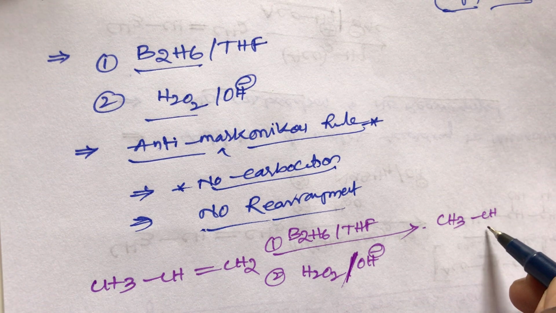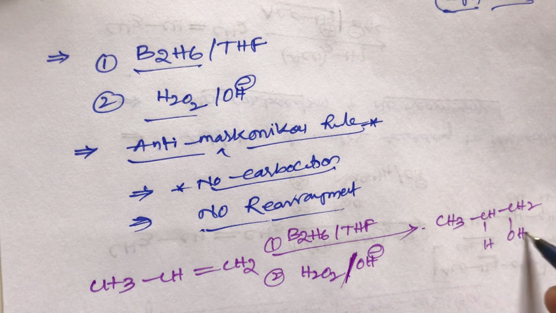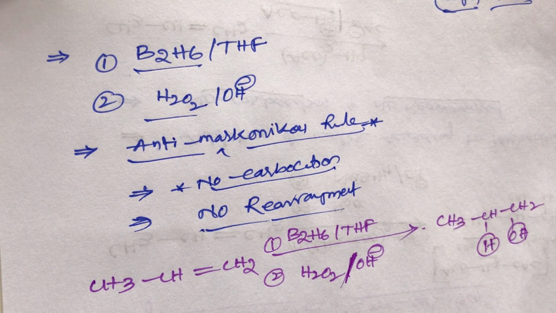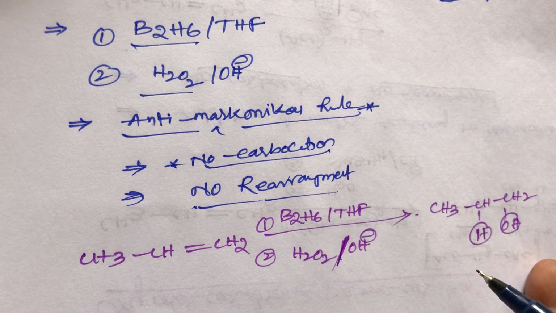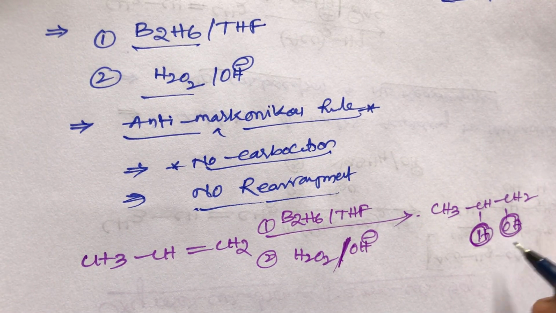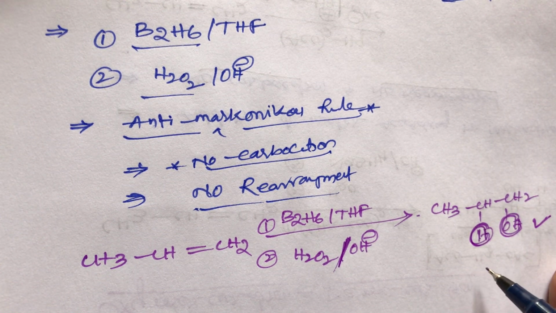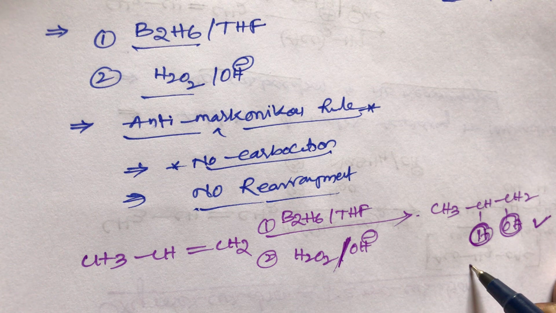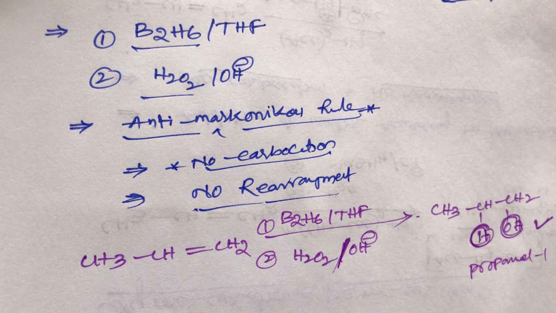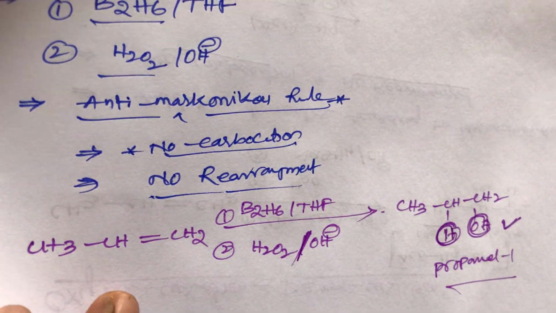That is CH3, CH2, CH2OH. These two, H plus and OH minus, will attack the same side, that is called syn addition. Syn addition means H plus and OH minus will attack the same side. That is 1-propanol, this name is called 1-propanol, propanol-1. This is the final product of the hydroboration and oxidation.